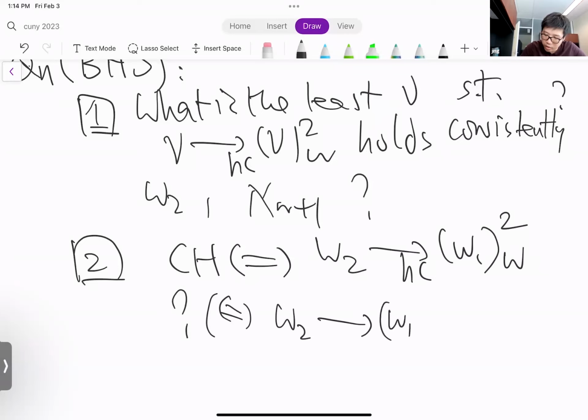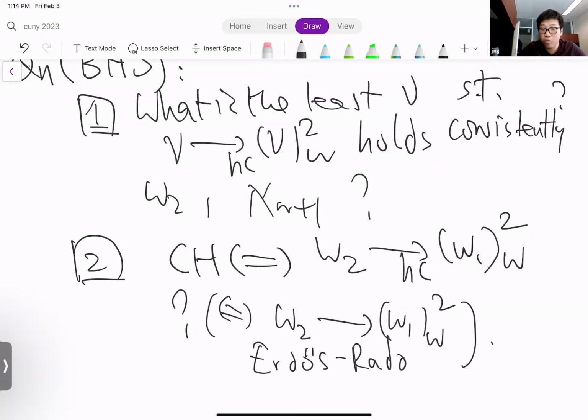Without HC, this is just Erdős–Rado. And you can prove that this instance of Erdős–Rado is actually equivalent to CH. So the natural question is whether this particular weakening, or a formal weakening, of the consequence of the partition relation is actually equivalent to CH.